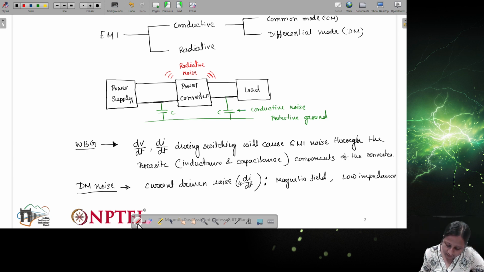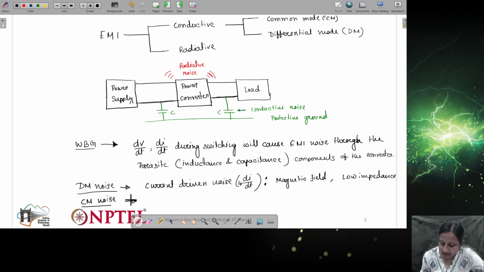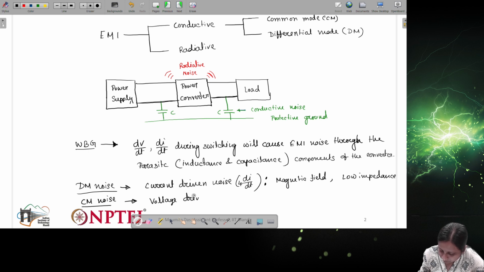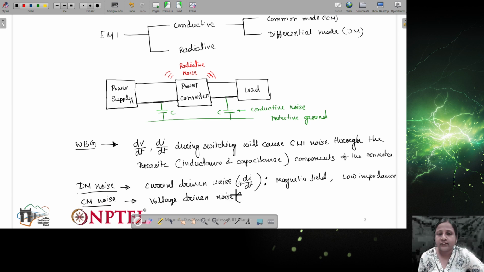Okay, now similarly if I try to quantify this CM noise, it is known as voltage driven noise. So voltage driven noise, I am saying, is with respect to the dVdt.